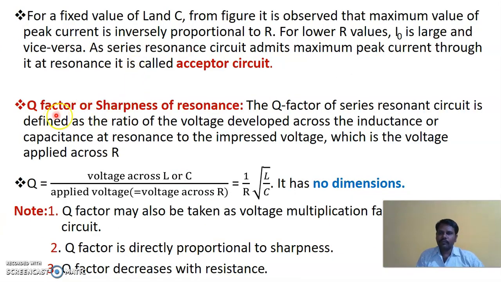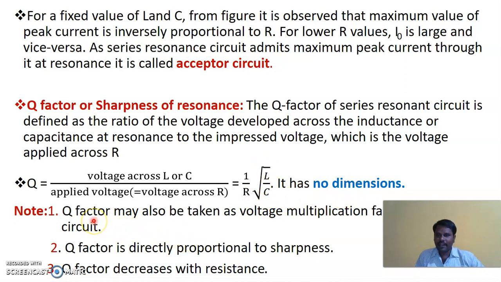Q factor or sharpness of resonance is defined as the ratio of voltage across L or C to the applied voltage, which is the voltage across R. It is given as 1 over R square root of L over C, and it has no dimension.